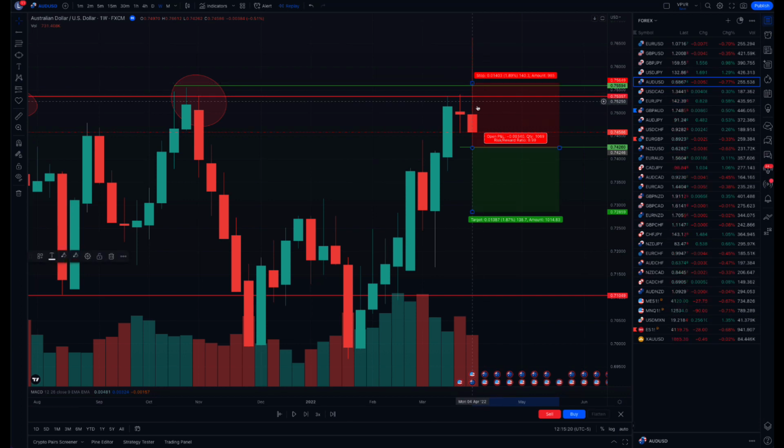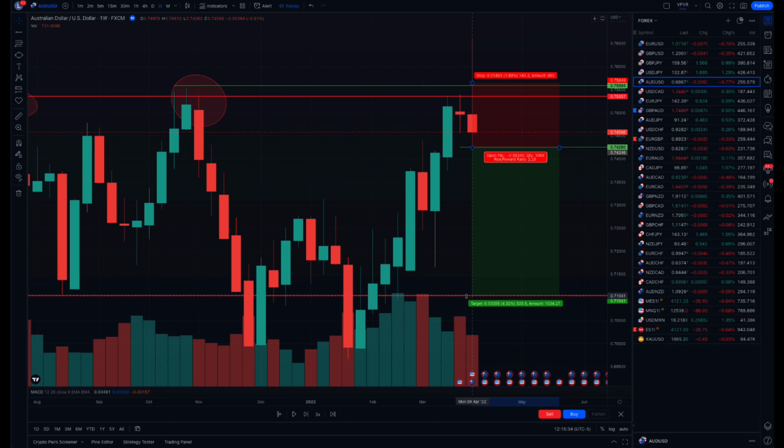And I believe that if price moves again into this area, most likely we are already out of the trade, so there's no need to put our stop so far away, at least in my opinion. But that's my experience. Then you can try to trade it all the way here, and that would be a risk to reward ratio of 2.28. I would say, yeah, I think that looks fine.